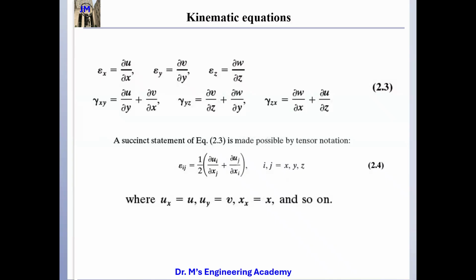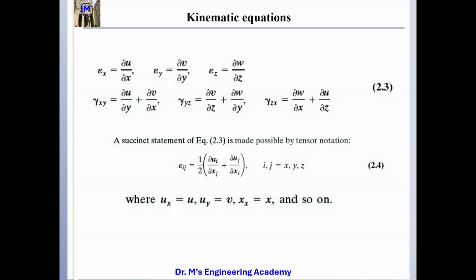So epsilon ij is the tensor shear strain, and gamma ij is the engineering shear strain. Gamma ij equals double epsilon ij.